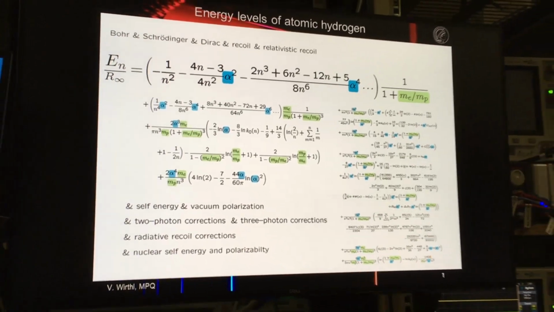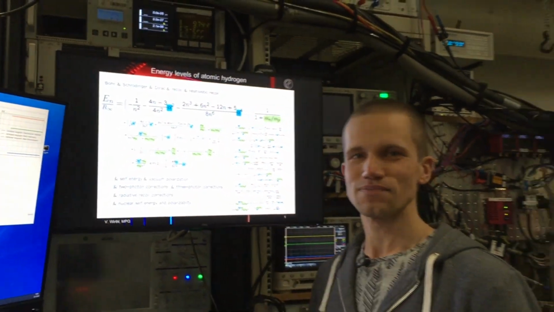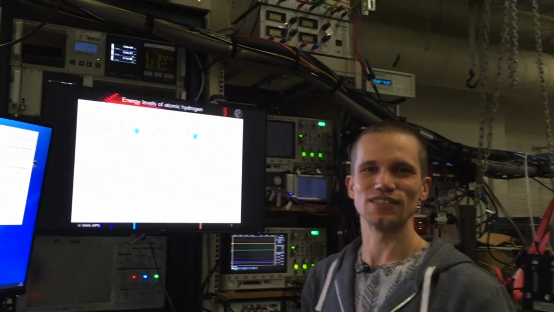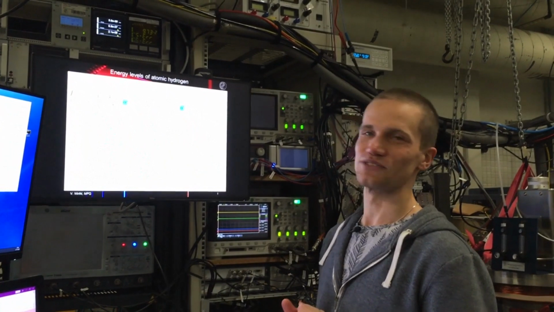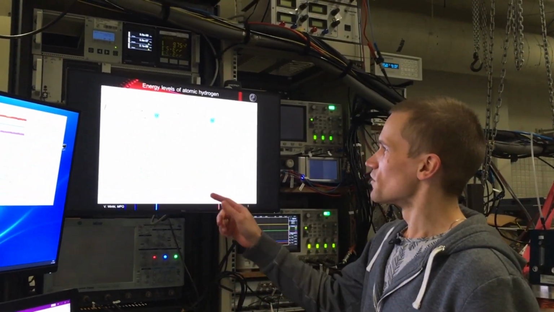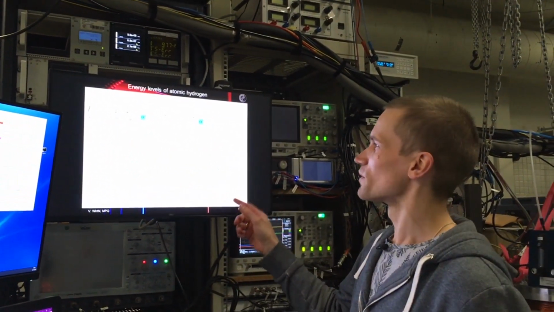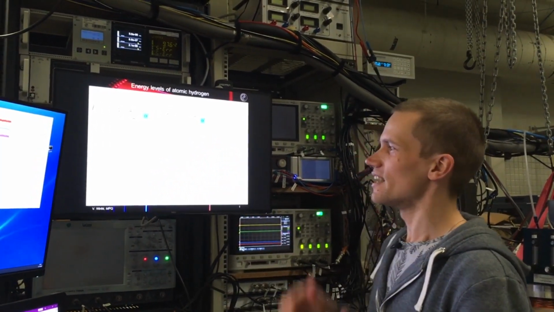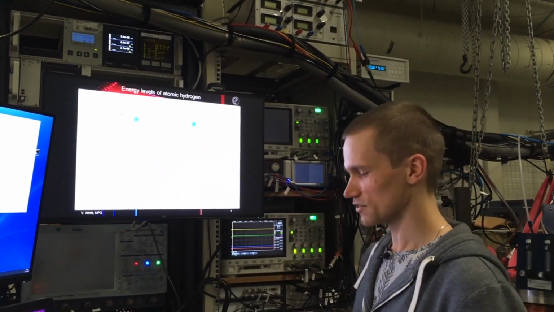There are all these effects from quantum vacuum, which means the effects from the fact that the electron is surrounded by all these vacuum fluctuations. And so the amazing thing for me is that one can really compute all those contributions really precisely and compare it to the measured values.